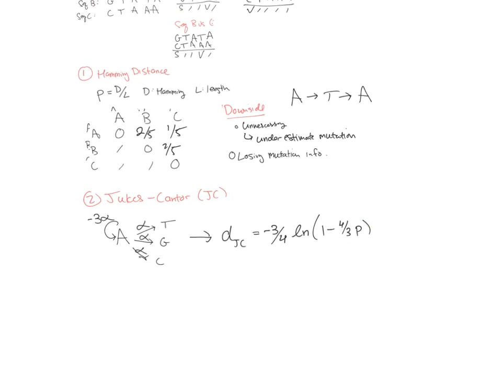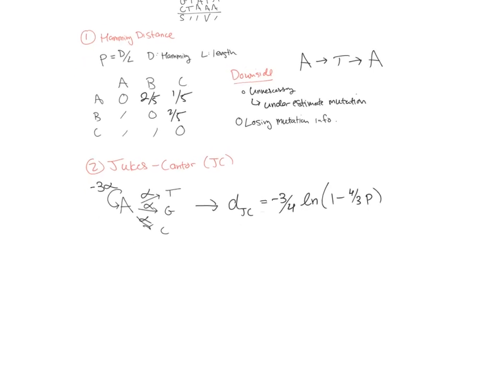This model will help a little bit because when you have more mutations, it's going to give a further away evolutionary distance than just Hamming distance. The more mutations there are, the bigger that difference is, which adjusts for the chances that an A would turn back into an A.